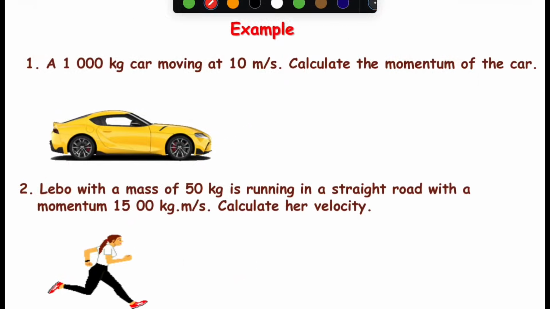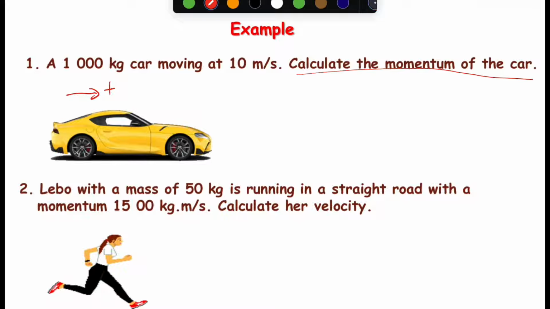Let's look at the example of calculating momentum. It says a 1000 kg car is moving at 10 meters per second. Here's the car, and we can see the direction. We choose that direction as positive. Let's say to the right is positive, or east, whatever direction you want to choose. We choose to the right as positive and to the left as negative.